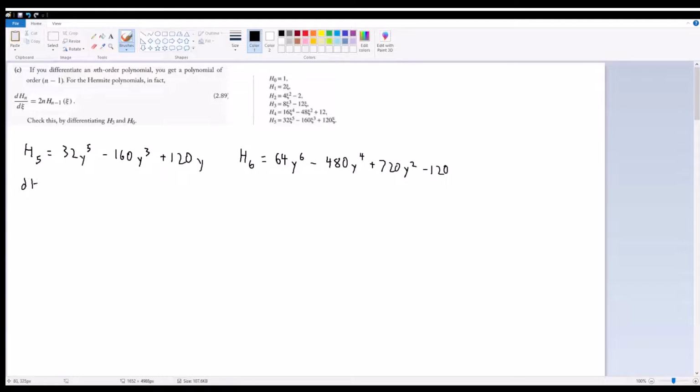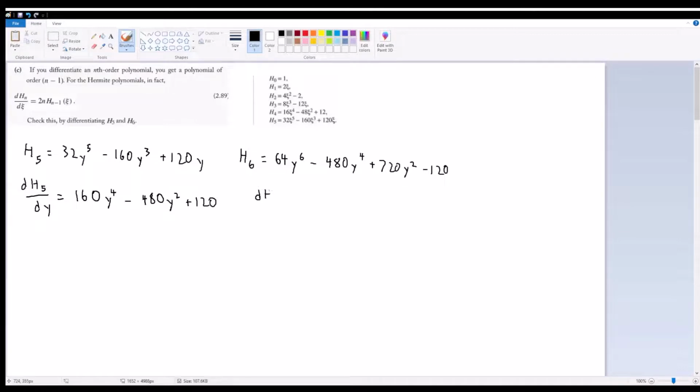So dh5 by dy is going to give us 160y to the fourth minus 480y squared plus 120.